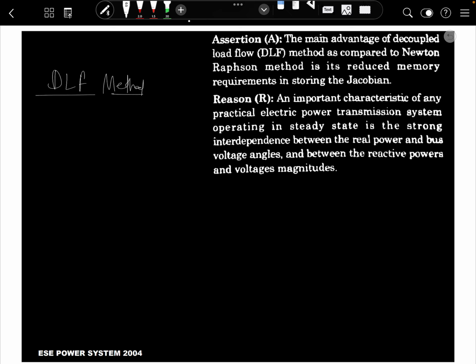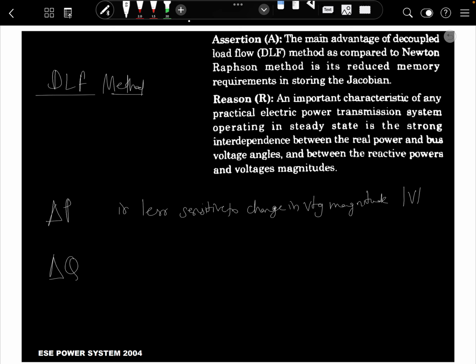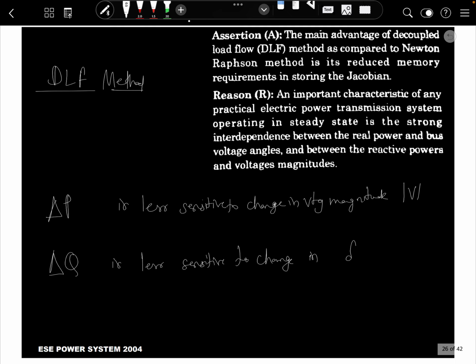The real power, del P, if I say del P changes, means the change in real power is less sensitive to changes in voltage magnitude, while del Q, means the change in reactive power, is less sensitive to change in angle, which is delta.